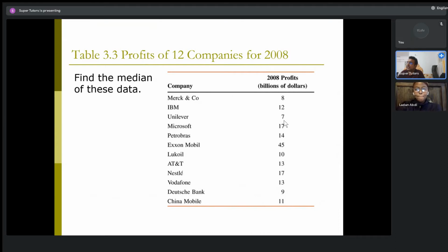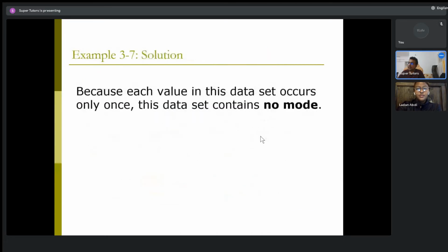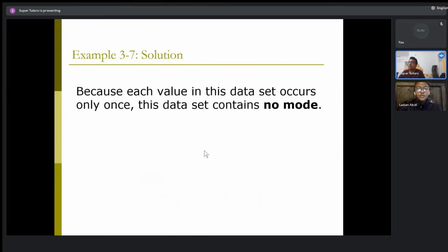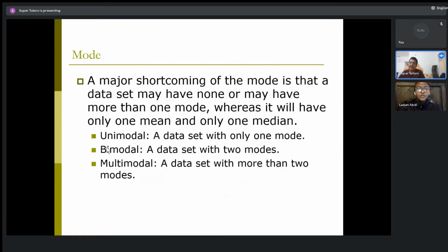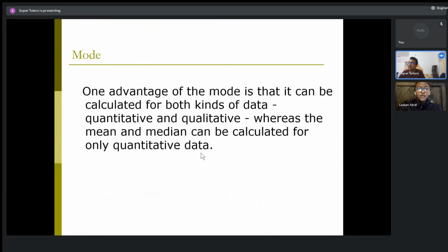And there are two 17s as well. So, basically, there are two modes here, 13 and 17. Since there are two modes, there are two numbers which are both mode. This is a bimodal data set, right? So mode is clear. Is it fairly straightforward? Yes, very clear.